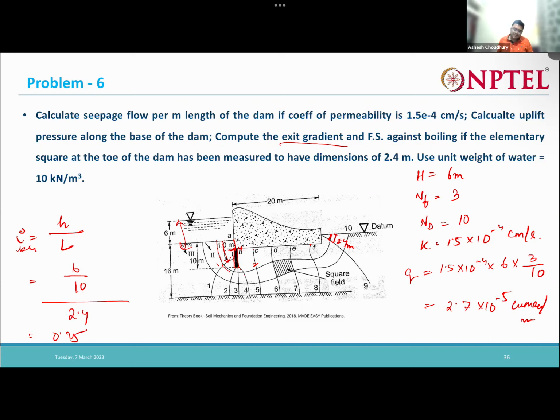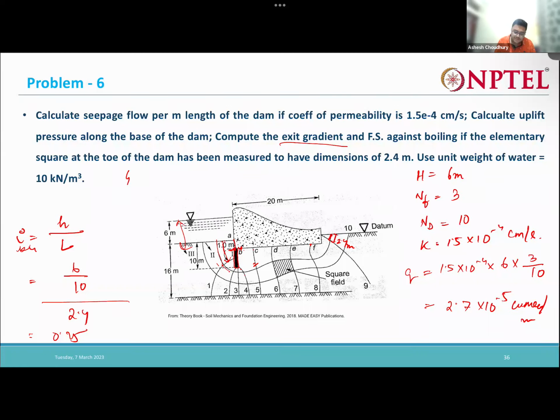Now again it's asked, we need to find the factor of safety against boiling. First we need to find out the critical hydraulic gradient. As the value of G is not given, let us assume.